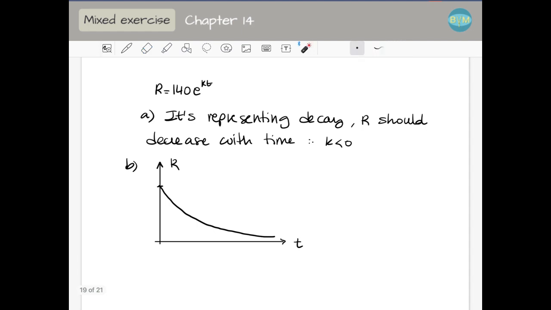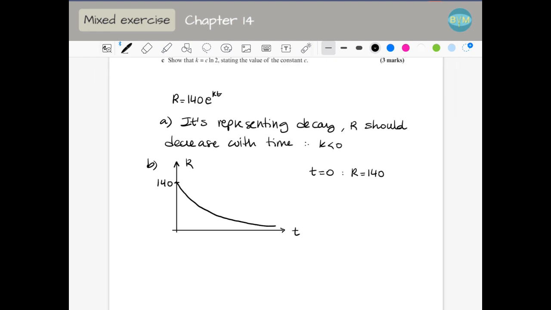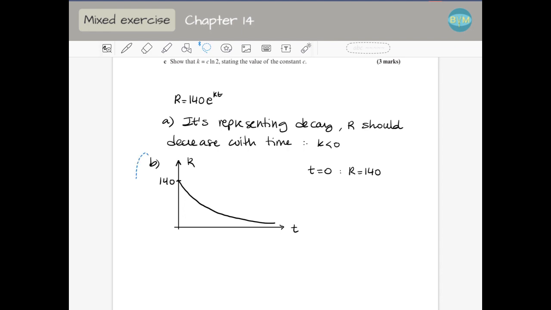It's the time. And if we look at the model, when t is 0, so our y-intercept, this is e to the power of 0, which is 1, so R is 140. When t is 0, R is 140. So we should write this number here. It's the only thing that we can add to the drawing, yeah?